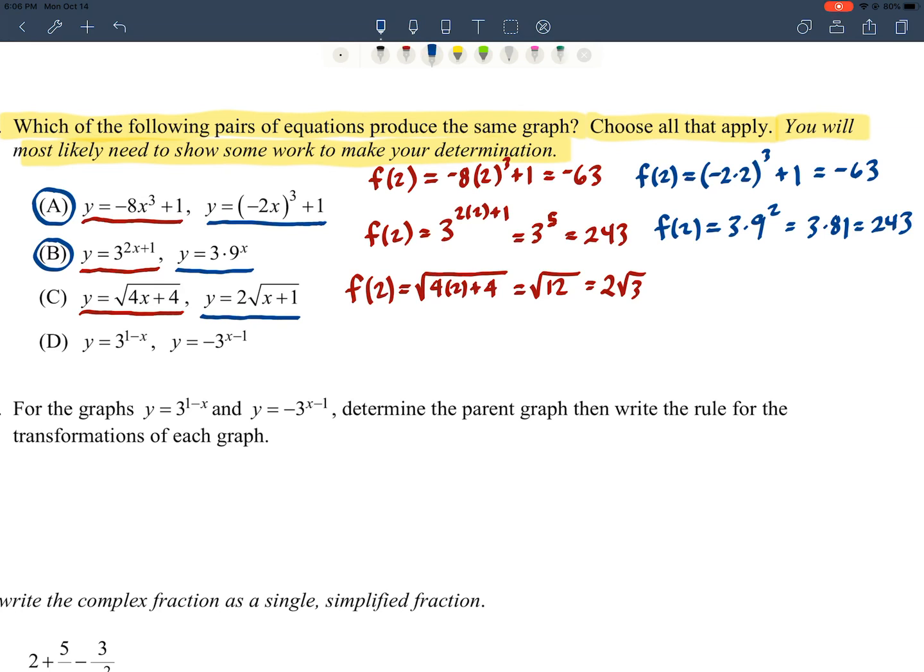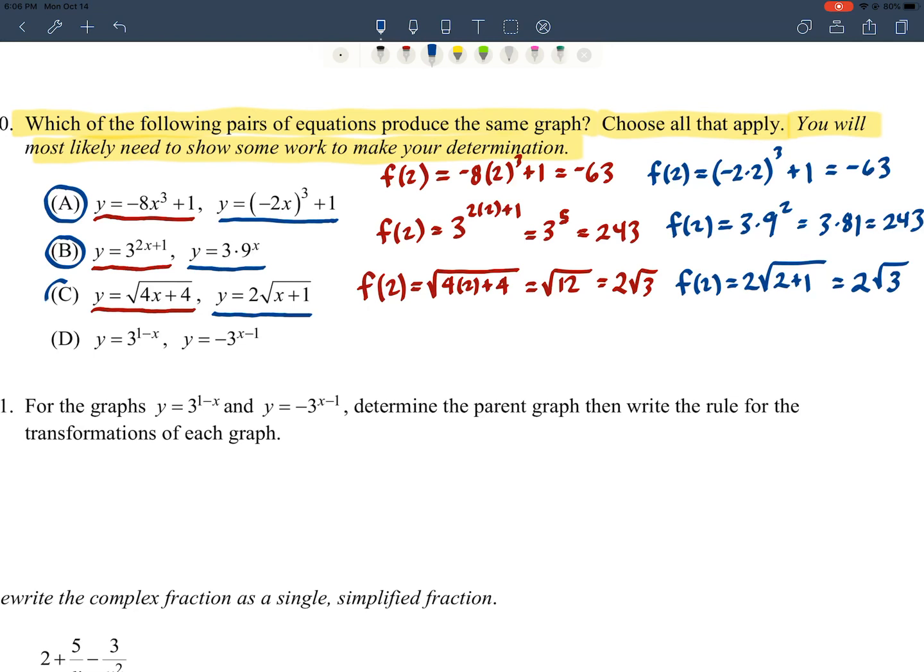Let's do the same thing over here. f of 2 is going to be 2 times the square root of 2 plus 1. When we add 2 and 1, we get 3, and this also gives us 2 times the square root of 3. Look at that. 3 in a row.